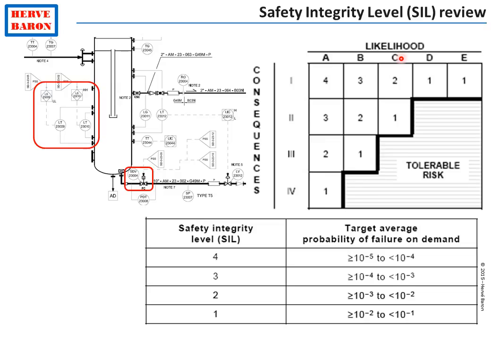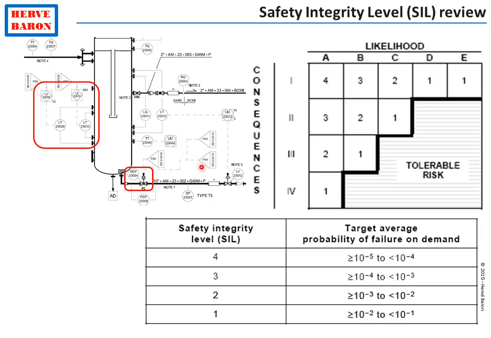If the risk level falls in the non-tolerable risk area, i.e. high likelihood and severe consequences, then it shall not be allowed. So the instrumented safeguard that is designed to prevent it is specified a high reliability level, which means a SIL level.